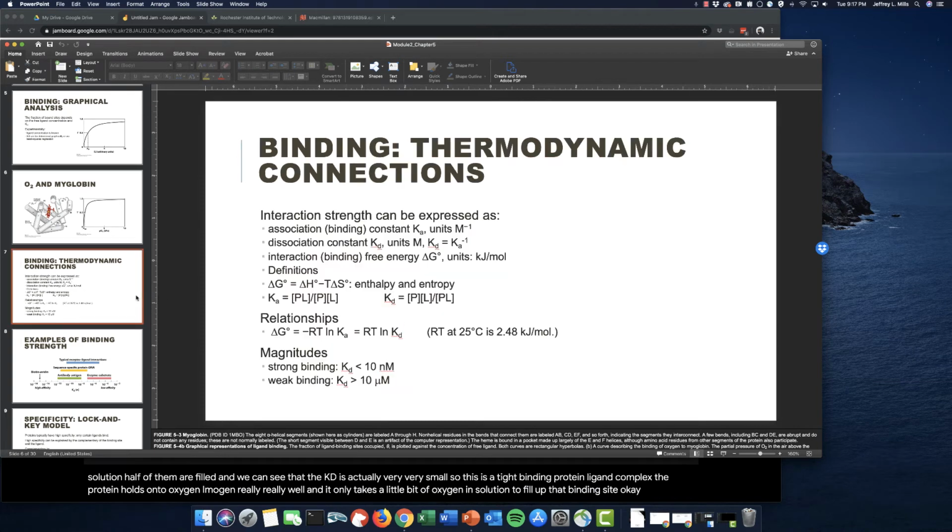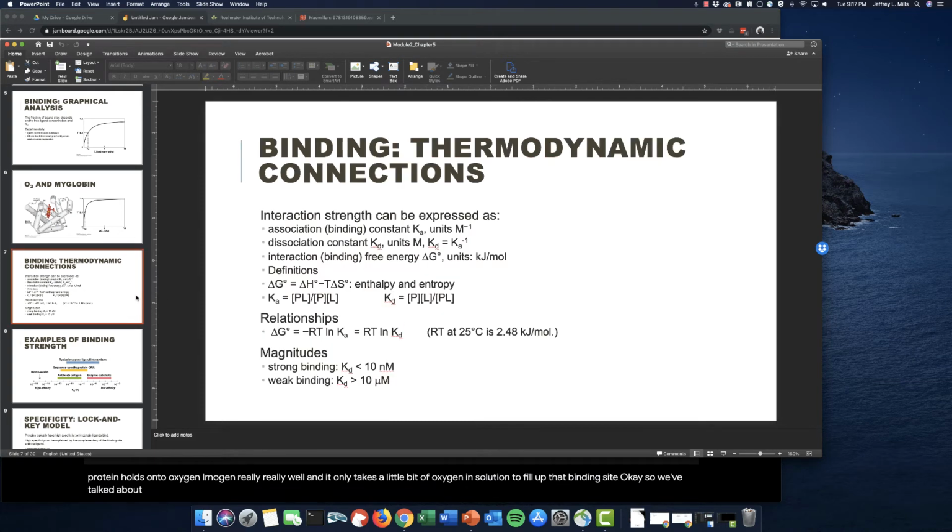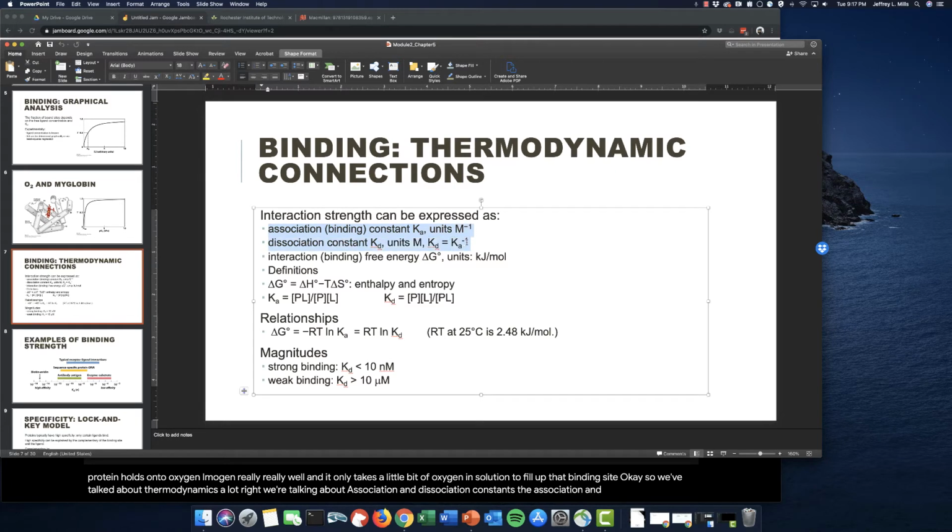Okay. So we've talked about thermodynamics a lot, right? We're talking about association and dissociation constants. The association and dissociation constants are inversely related to each other. They describe the same thing. We like to use KD as our metric because the units make more sense. Right?